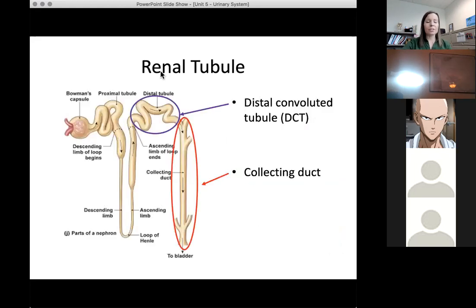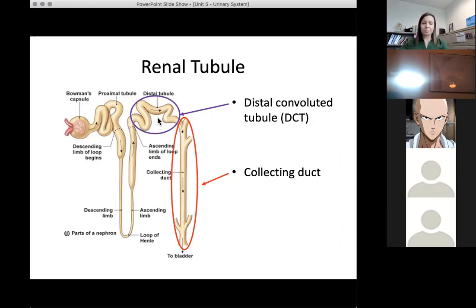And then the next two parts of the tubule, we have the distal convoluted tubule. We often call that the DCT. For the histology, it's the same as the PCT, except without the microvilli. So it is just simple cuboidal epithelium. But there's two modifications here, two special types of cells that are found here.